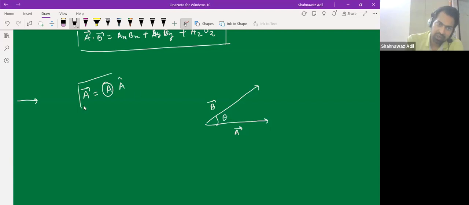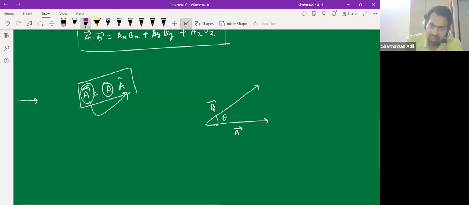The direction of A is A hat. So I break this B vector into two components, and this is B cos theta. This B cos theta is the component of B along the A direction.